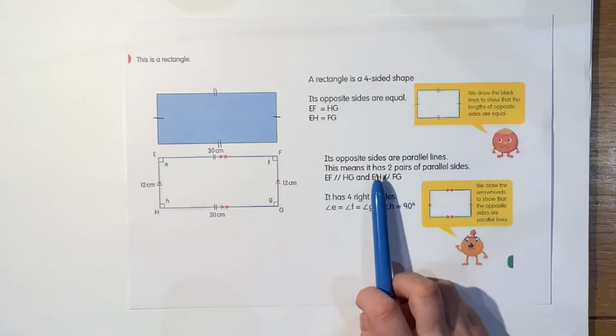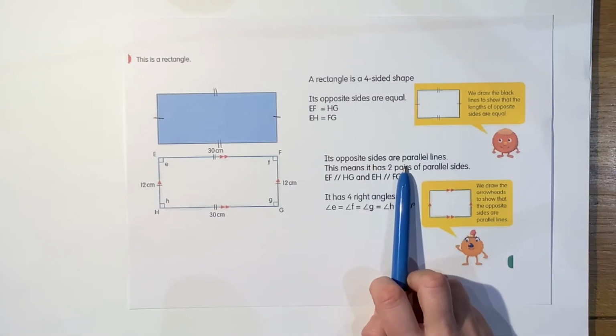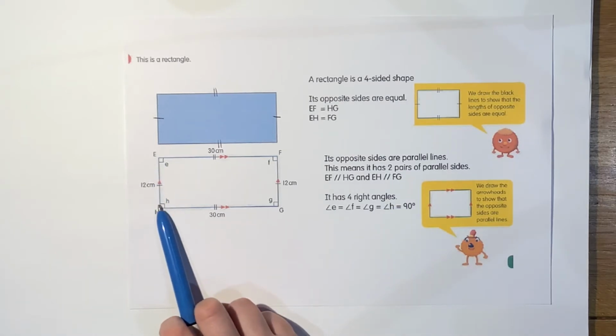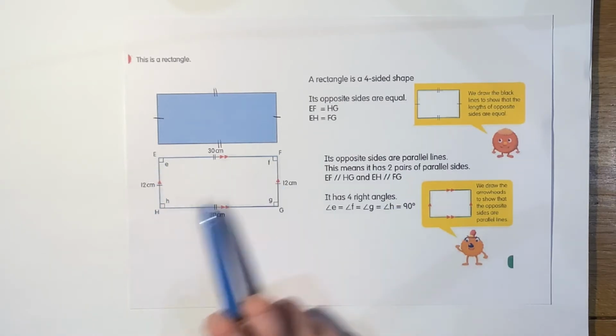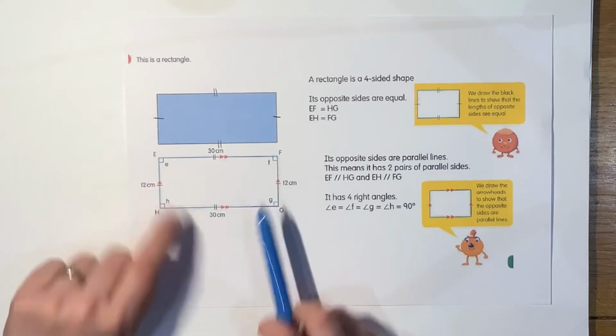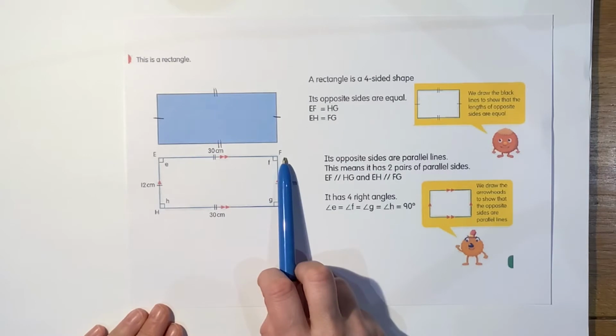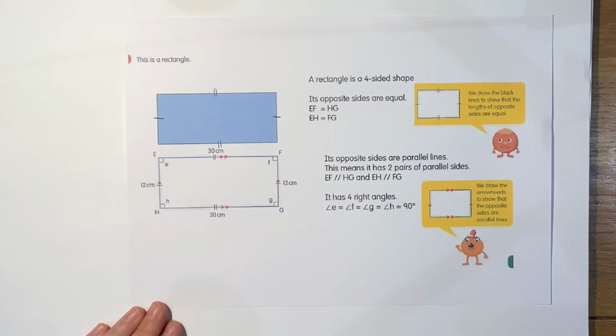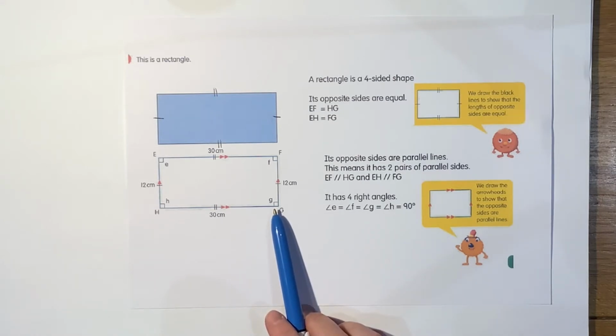Just like with the square, its opposite sides are parallel lines. It has two pairs of parallel sides. EH is parallel to FG. That's why they've got the one arrow. And EF is parallel to HG. That's why they've got two arrows to show you. Also like the square, it has four right angles.